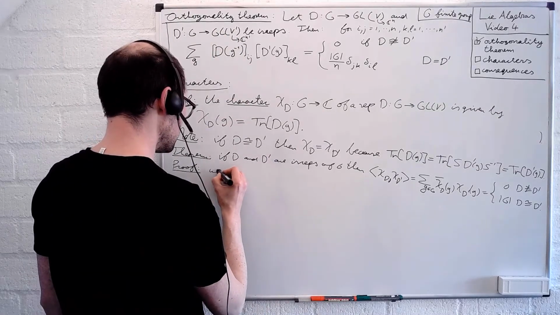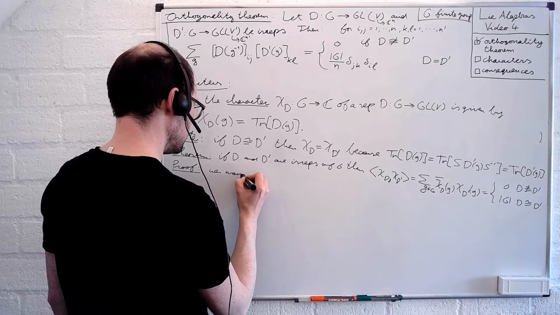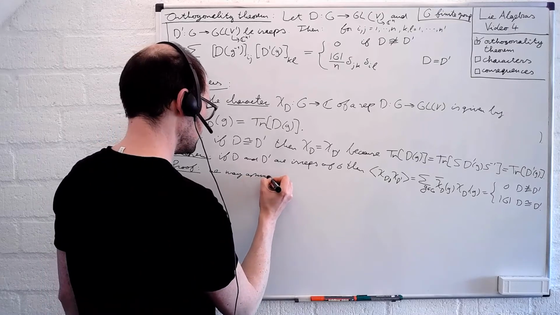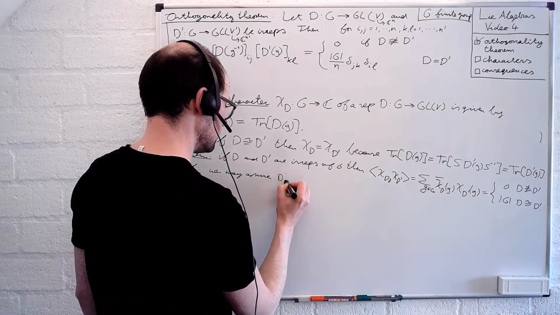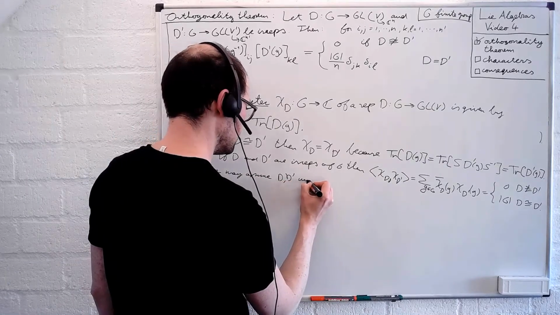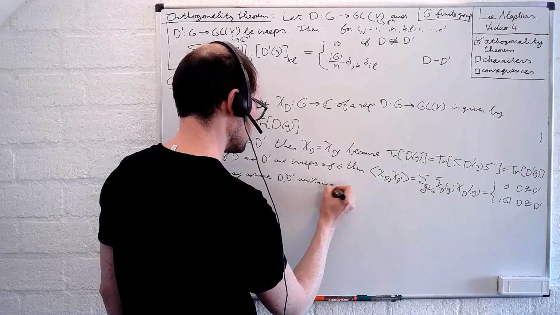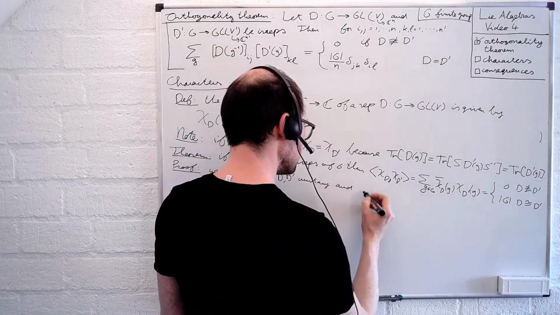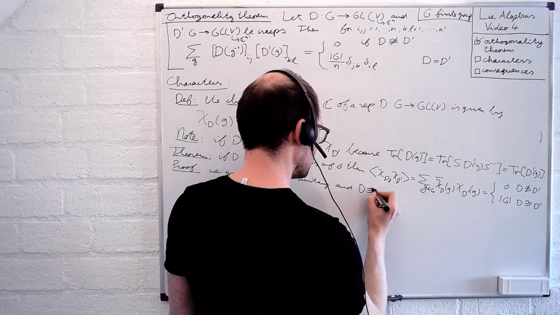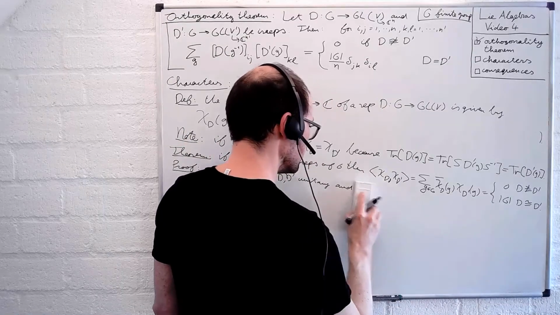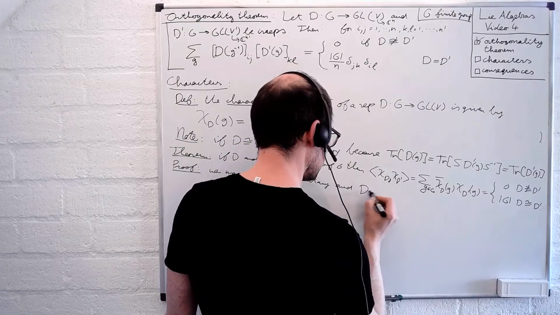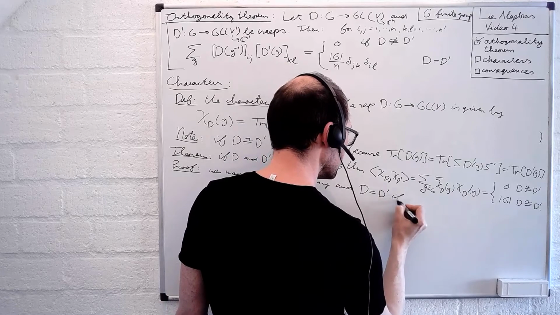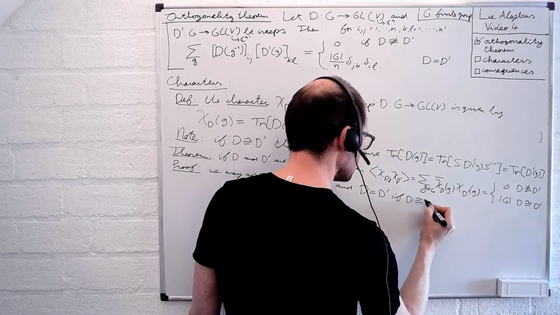So we may assume D and D prime are unitary, and we may also assume that they are actually identical if they are equivalent.